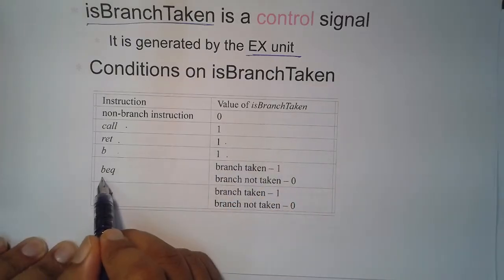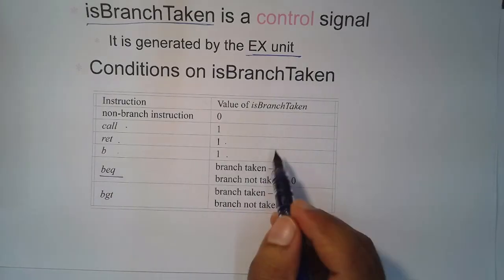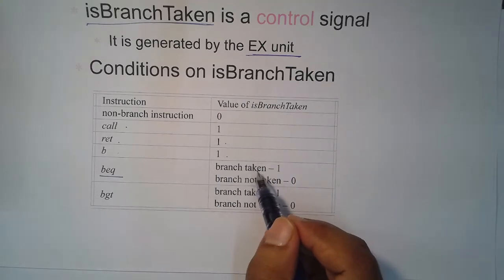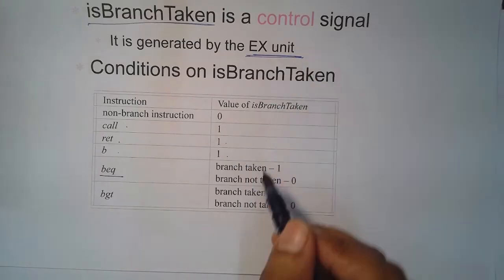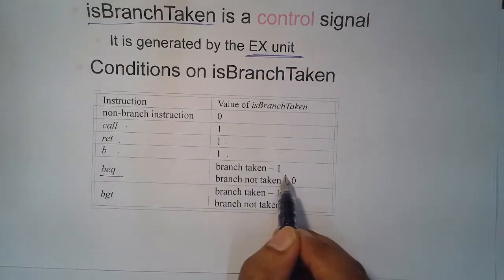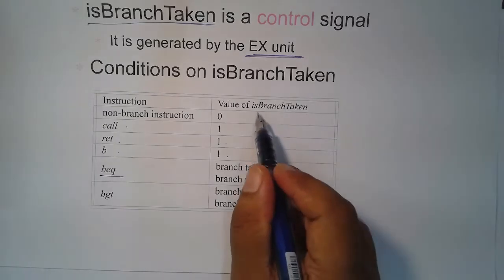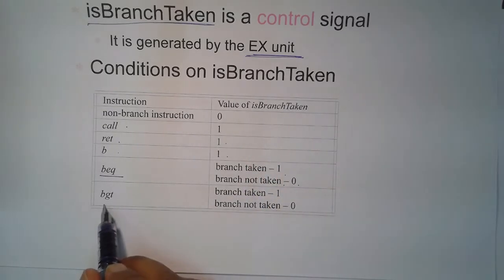Now, in case of branch if equal, there you need to look at the flags, and that is done at the execution unit. And if the flag is indicating that it is equal, then you will be taking the branch. If the branch is not taken, then you will be initializing this value as 0. Similarly, branch if greater than is initialized like this. All right. So, I hope this makes sense.